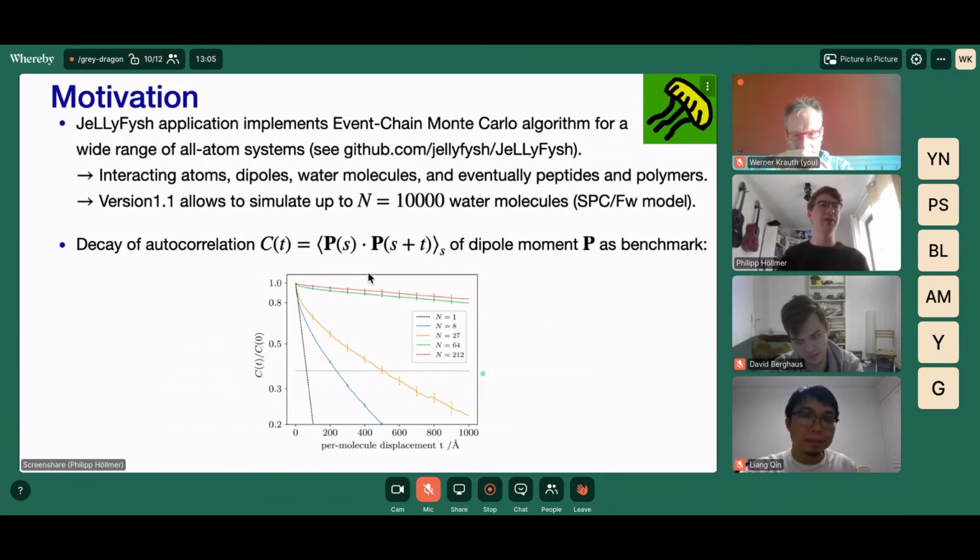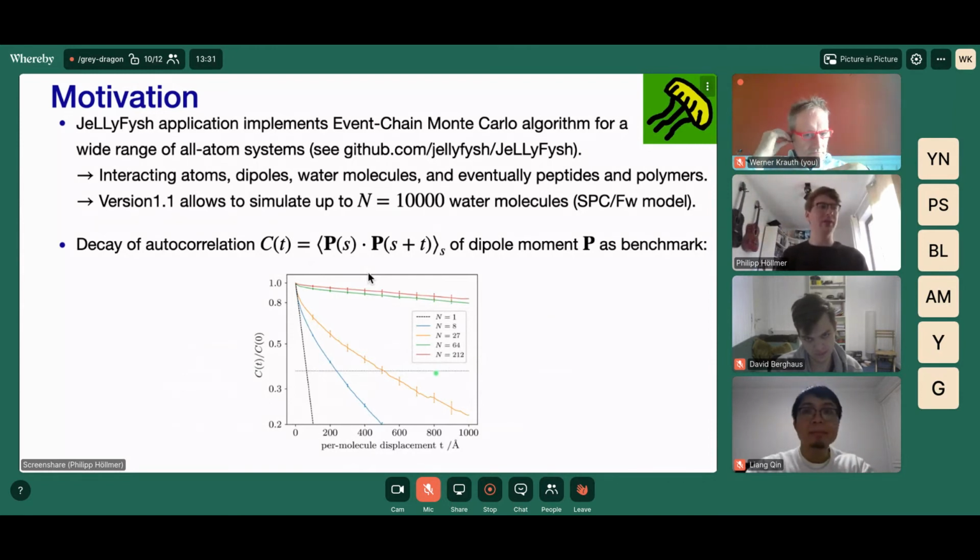This box has the size so that at the highest number of molecules, 212, we have the aim density, so to say, at which we want to simulate water in the end. Between each curve, the density increases. What you can see in this plot is a problem, because as we increase the density or the number of molecules, 2 timescales appear.